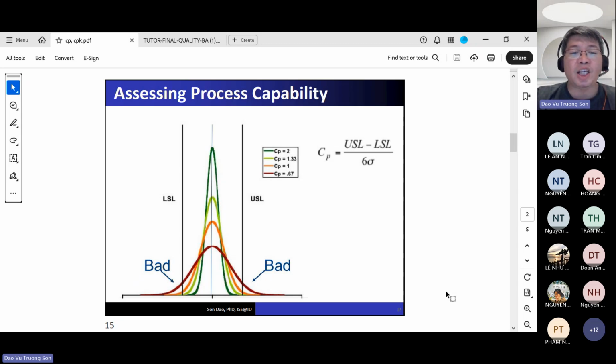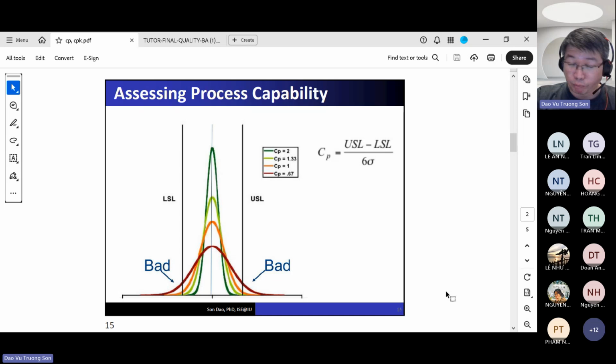If the distribution is more flat, the portion of our process that is outside of the customer specification limit will be higher. You can see in the dark green case, almost nothing is outside of the limits proposed by the customer. But in the red case, we have a lot falling outside of the customer specs.